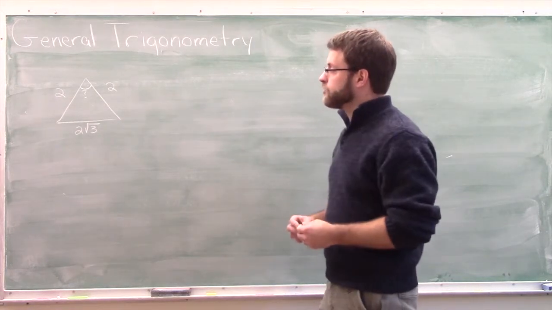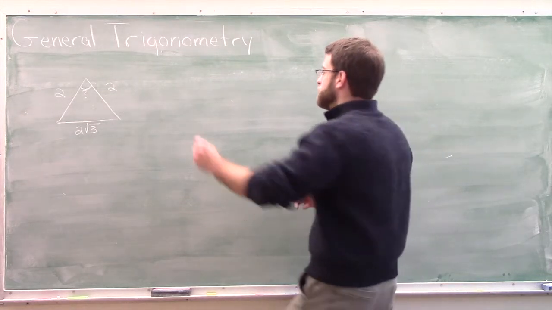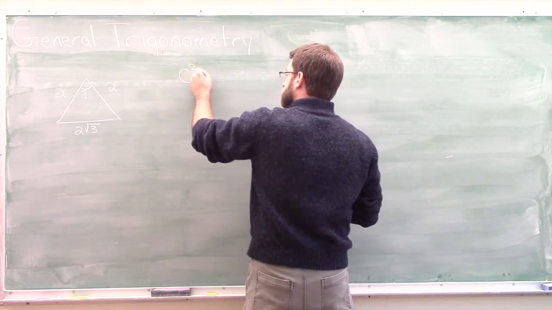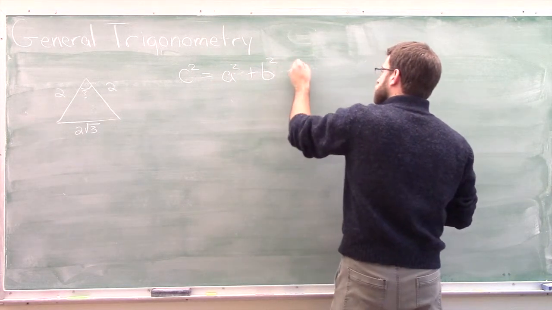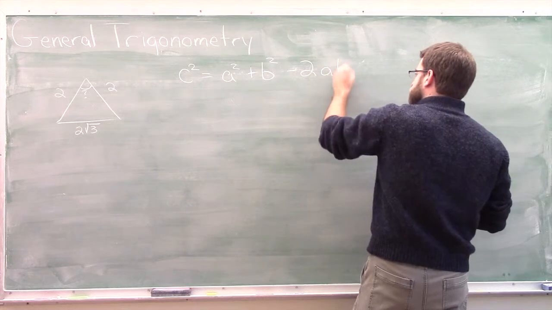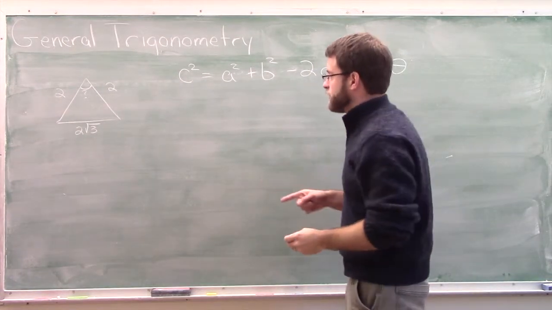When we use the law of cosines, when we're trying to figure out how to pick the different pieces of the law of cosines, let's write it down in general. The formula for the law of cosines contains three different sides.